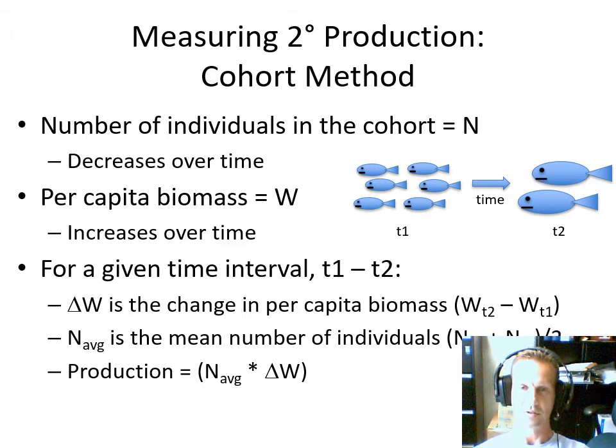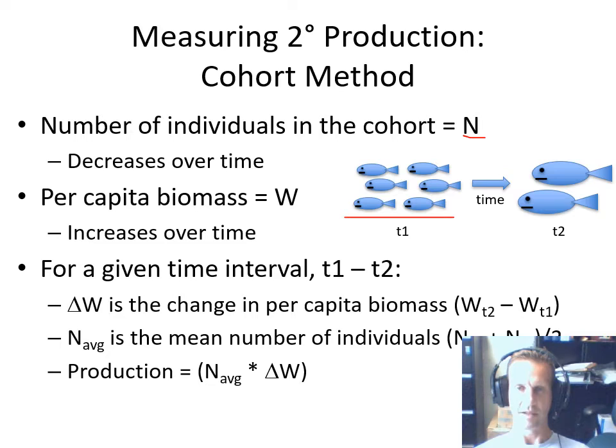Okay, so there's two important terms in calculating secondary production with the cohort method. One is N, which is the number of individuals in the cohort. So if the cohort's the entire population of flying squid, or in this diagram here, it's bluefish, so the entire population of bluefish that were produced in some body of water in a certain season, that number would start out high and then it would decrease over time.